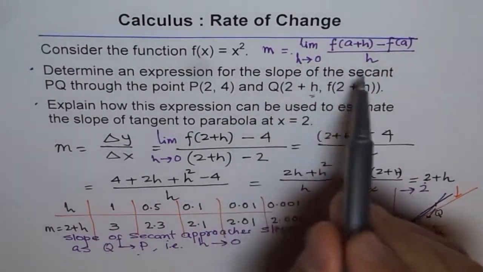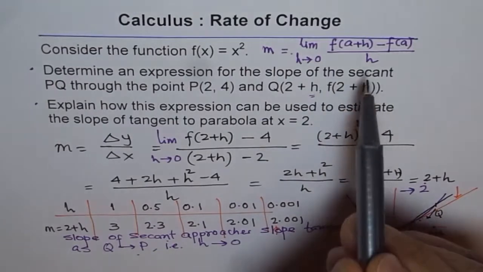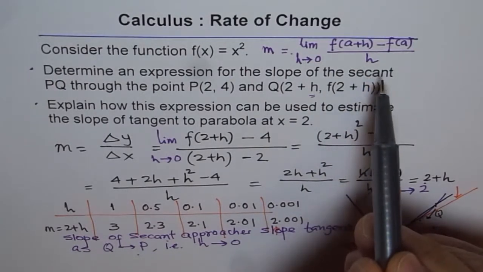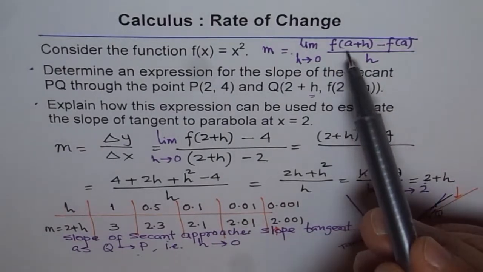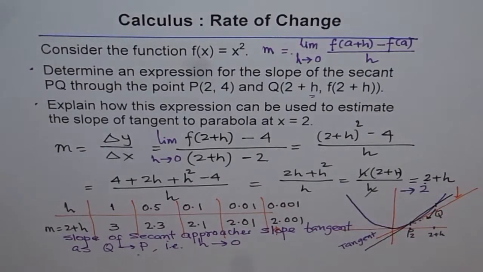So this expression will give us the slope of the tangent for any function at any given point x equals a. You see that?